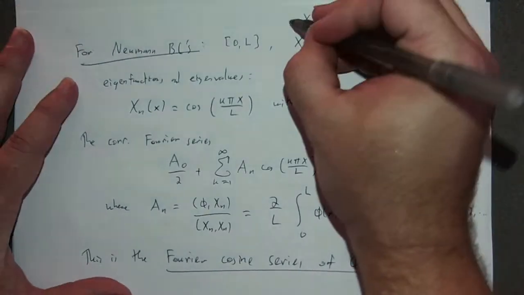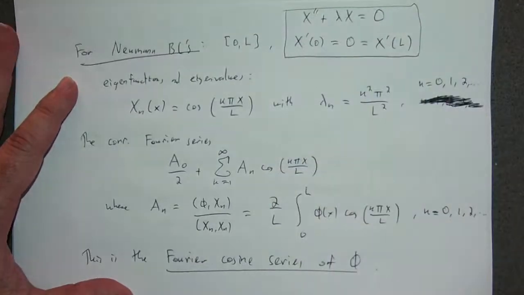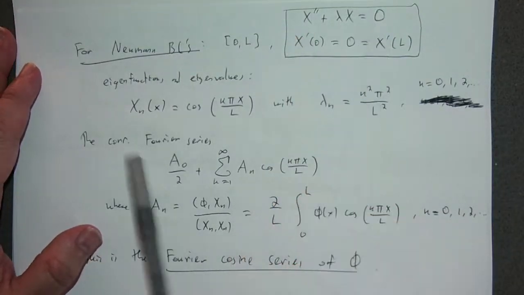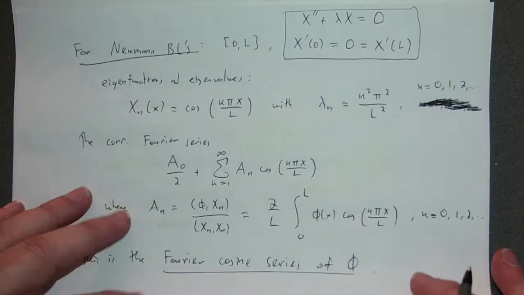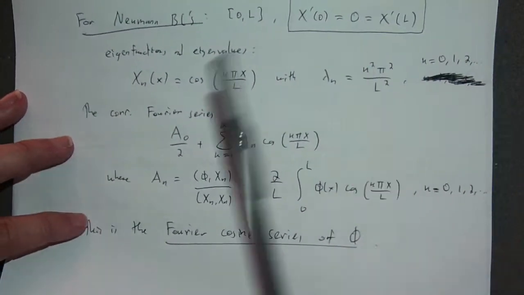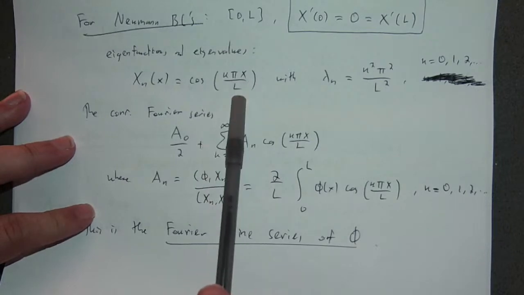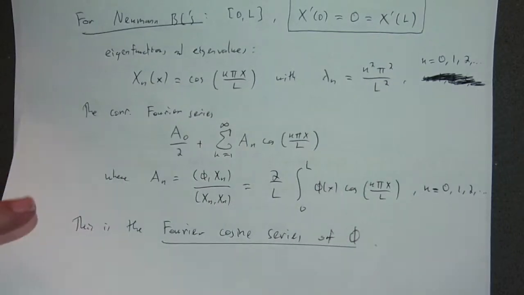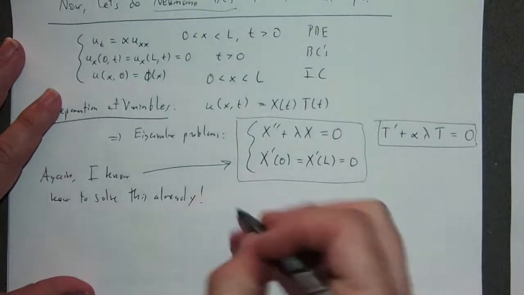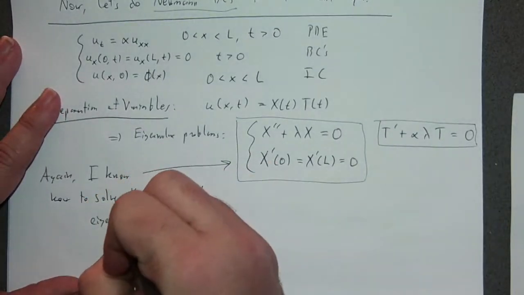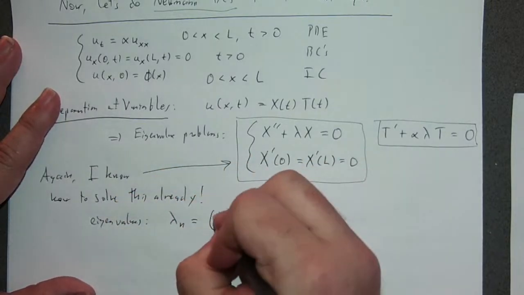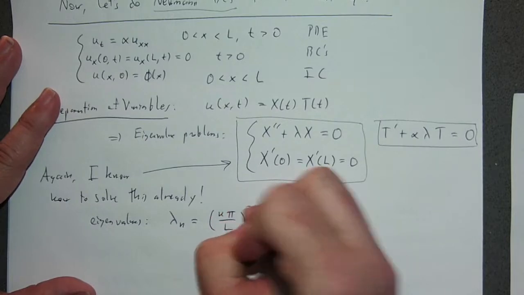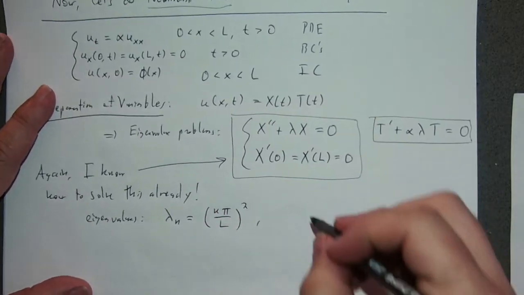When I have an eigenvalue problem that looks like this, X double prime plus lambda X equals 0, and now I have Neumann boundary conditions, which is exactly what I have here, then the eigenfunctions are cosine n pi x over L, and the eigenvalues are the same: lambda n equals n pi over L squared, and eigenfunctions.